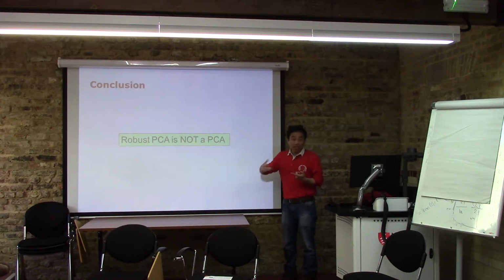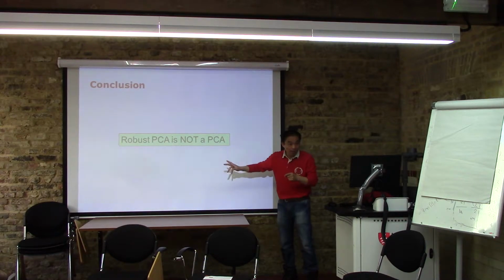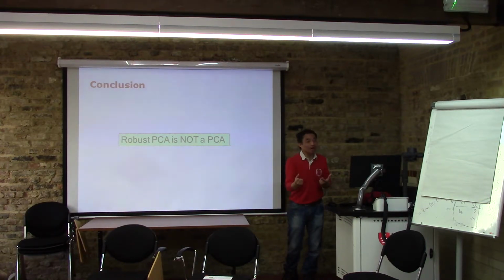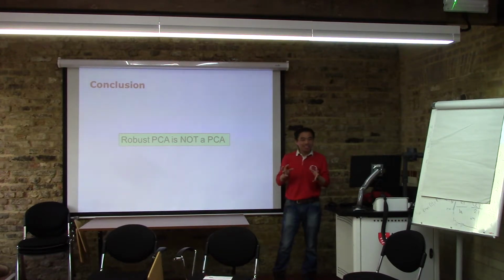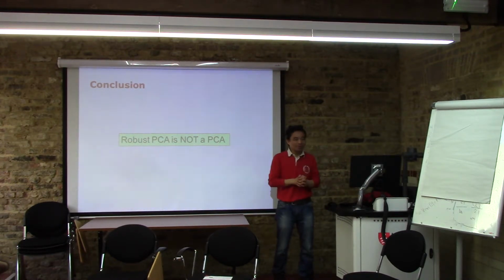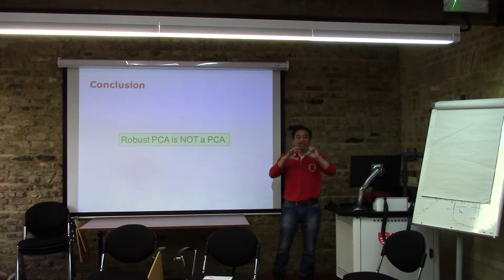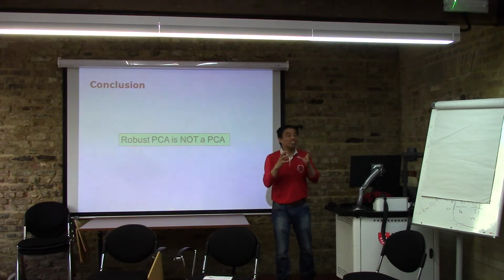So there are lots of researchers doing lots of research, not just this robust PCA, to make PCA robust. Robust PCA looks at the problem from a subspace view. The data in the original space actually only covers a very small number of subspaces.